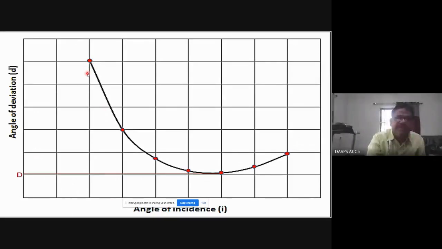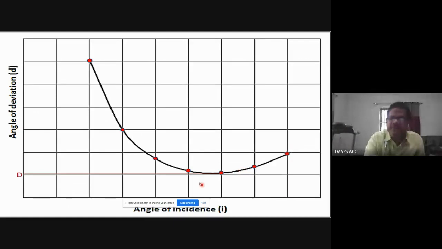For example, when you consider a 30-degree angle of incidence, the angle of deviation will be 24 or 26, like that. If you increase to 45, the angle of deviation will decrease. If you increase the angle of incidence to 45, 60, finally the angle of deviation will be reduced and reduced, and at a certain minimum value, again the angle of deviation will increase.